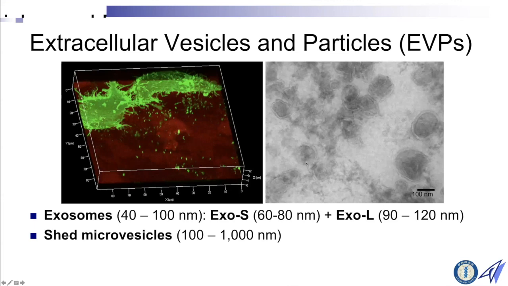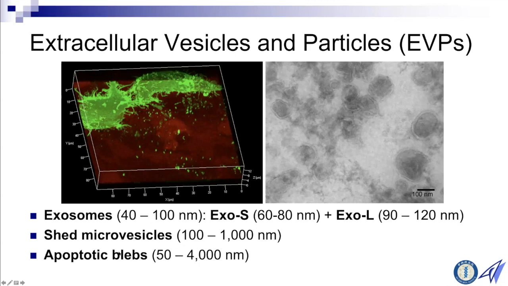If you isolate them and run them under TEM, you can see the canonical lipid bilayer structure. So those are the ones that most of us are familiar with, that range from 30, 40 nanometers up to 1 micron. And of course, there are the apoptotic blebs that can be up to 4 microns, as well as oncosomes, from the vesicle group, that claim vesicles as big as 10 microns can be released to help cancer cells migrate.